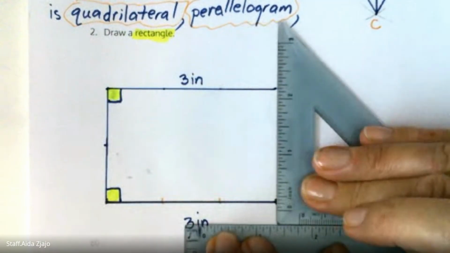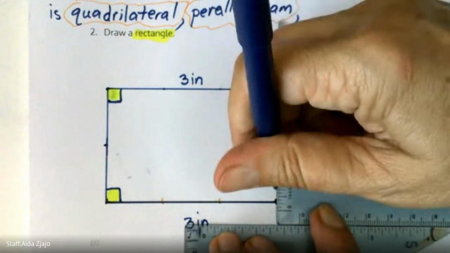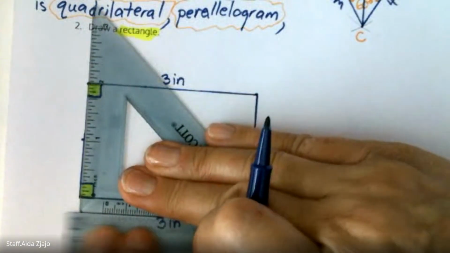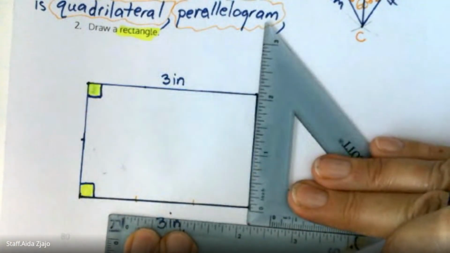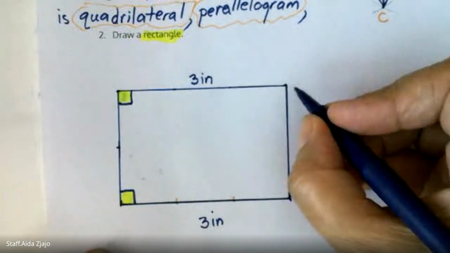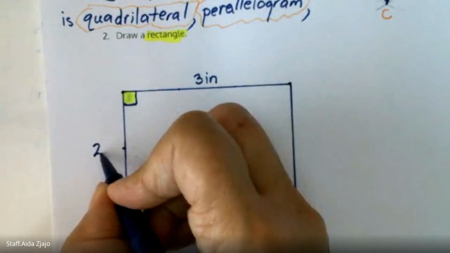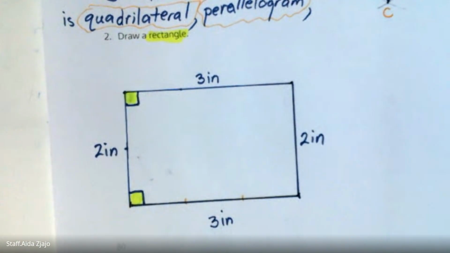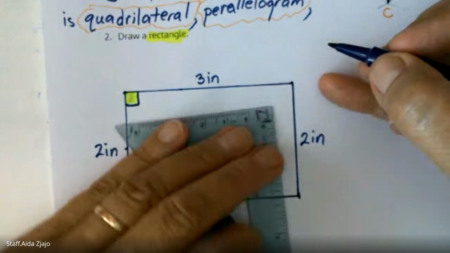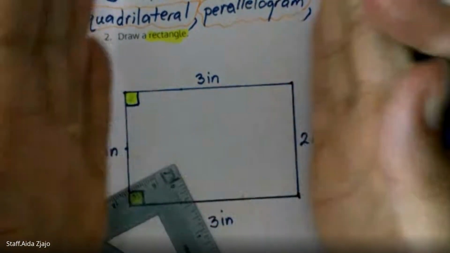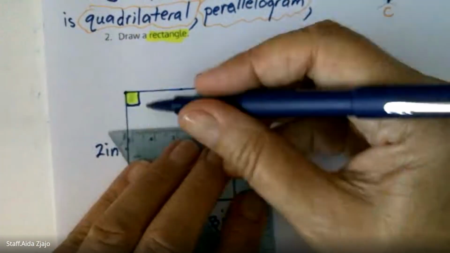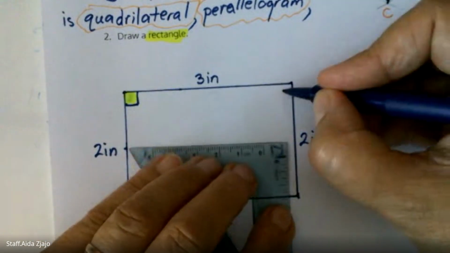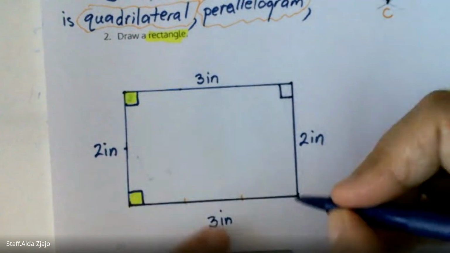All right, so next, this side is parallel to the other side, and they are congruent. So here is 2 inches, and this is 2 inches. And also this, because these two are parallel, this line is perpendicular in between them and creates a right angle.